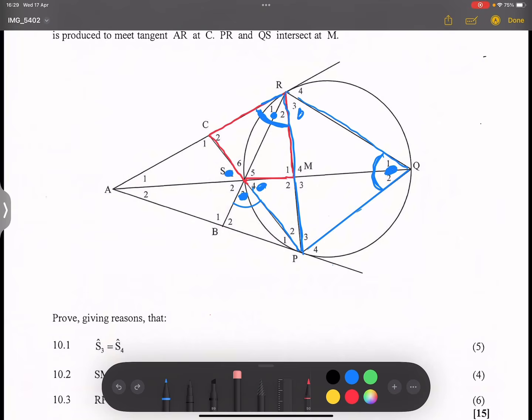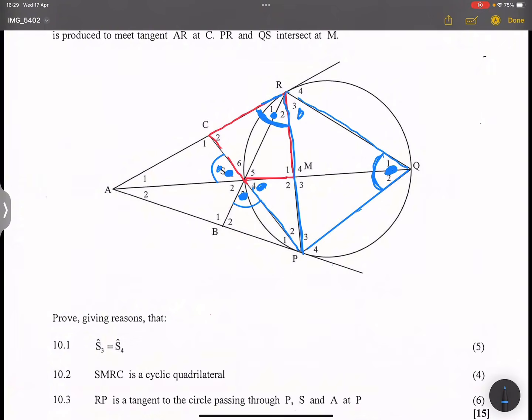Now look at this: S1 becomes an exterior angle to that quad SMRC. Because the exterior angle is equal to the opposite interior angle, in this case it must be a cyclic quad.